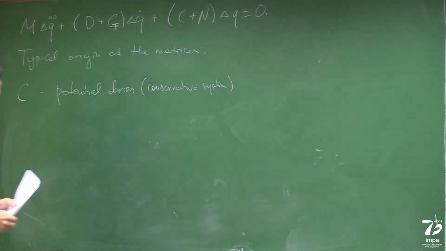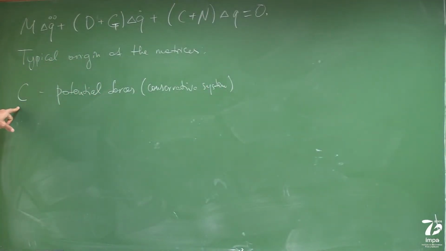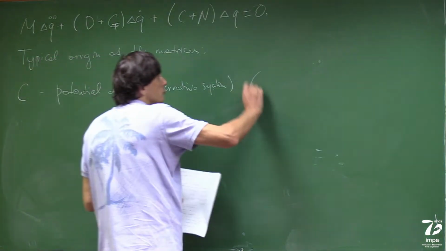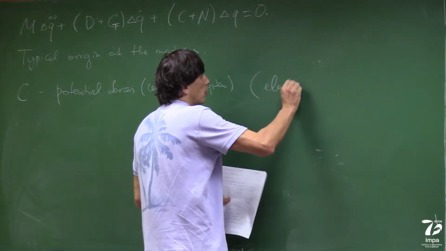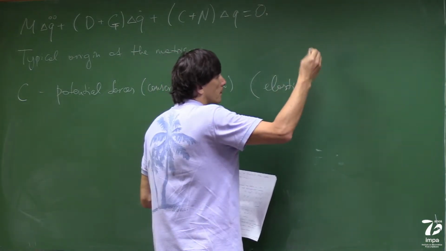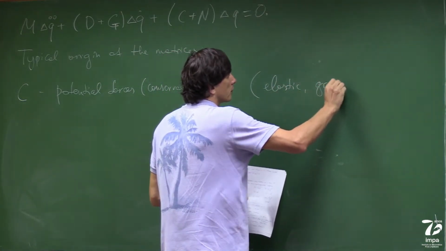In the case when the system is conservative, you can write a Lagrangian form of this equation. C is just a matrix of the second derivative of the potential. That's why it's symmetric. The physical origin are the elastic forces or gravitational forces.